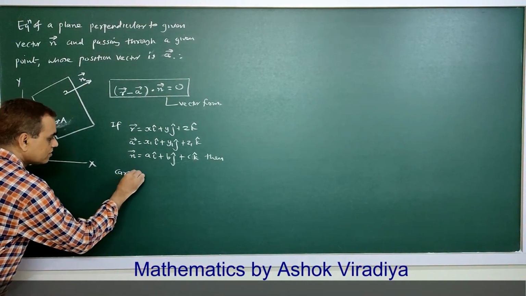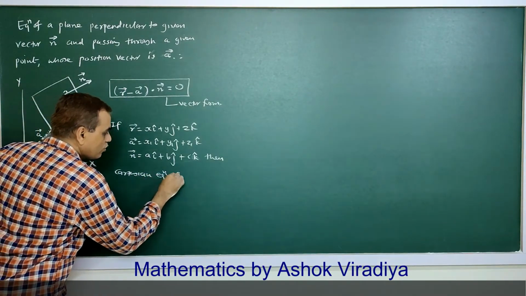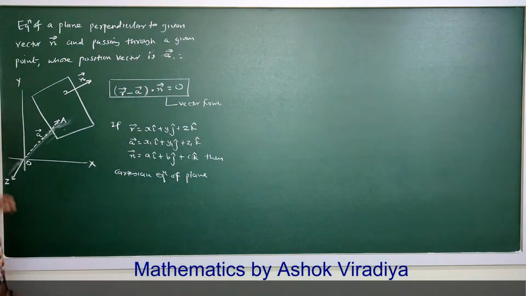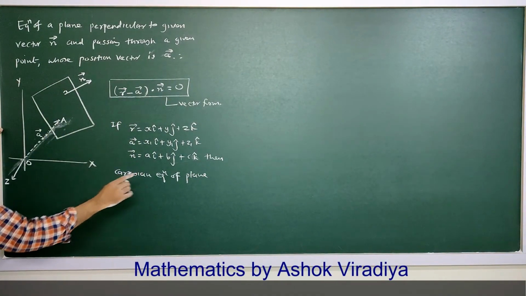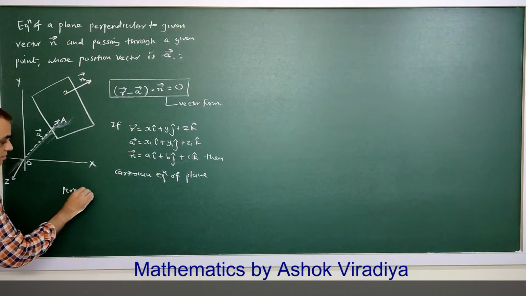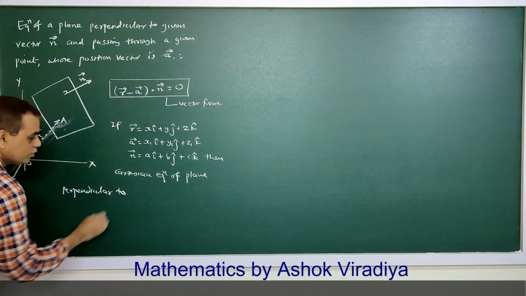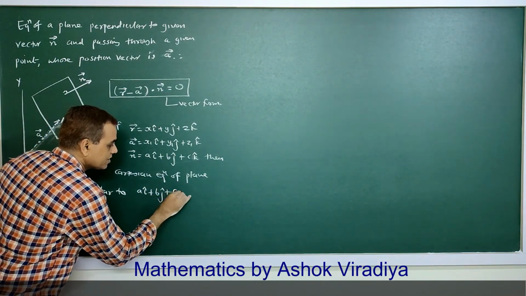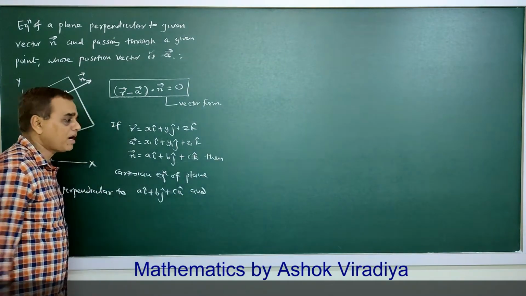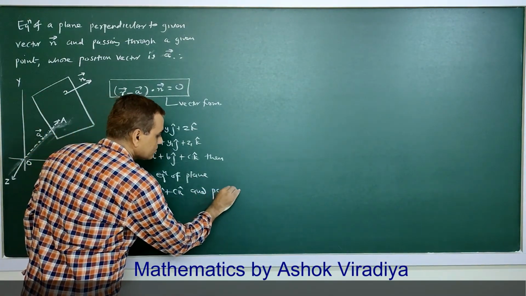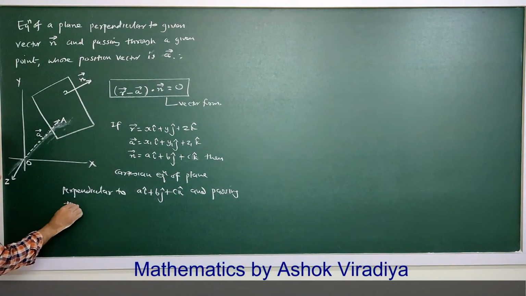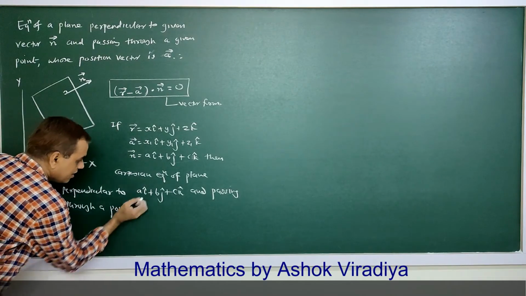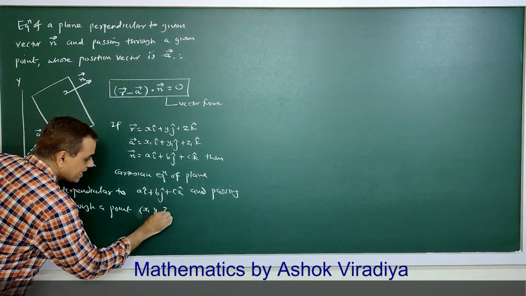Cartesian equation of a plane perpendicular to normal ai plus bj plus ck and passing through a point A whose coordinates are x1, y1, z1.